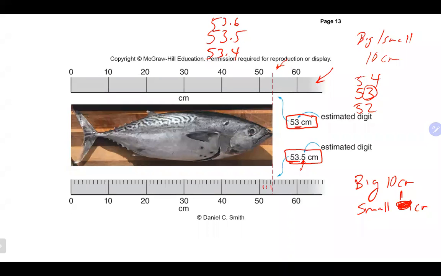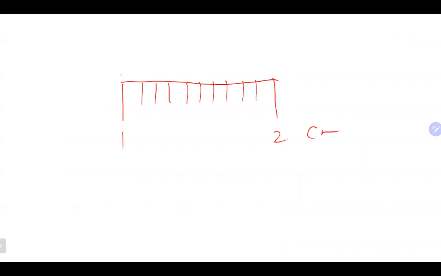Now, what happens if we did have, say, something that lands exactly here? We'll go back to this scale here. All right, so let's just say we had something and it's like dead on-ish, that line right there.